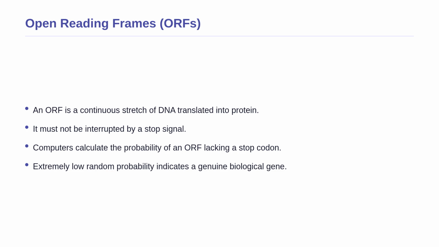But how does a computer know if an ORF is real or just random noise? It calculates the probability that a long stretch of DNA lacks a stop codon purely by random chance. If the probability of this happening by chance is extremely low, the computer confidently annotates that region as a genuine gene.